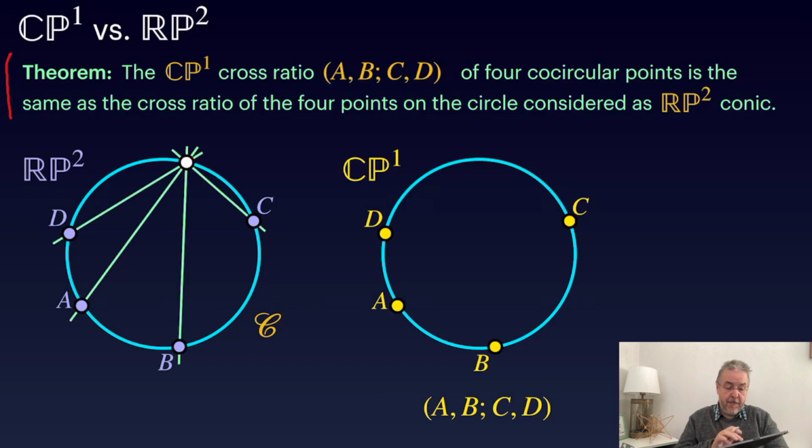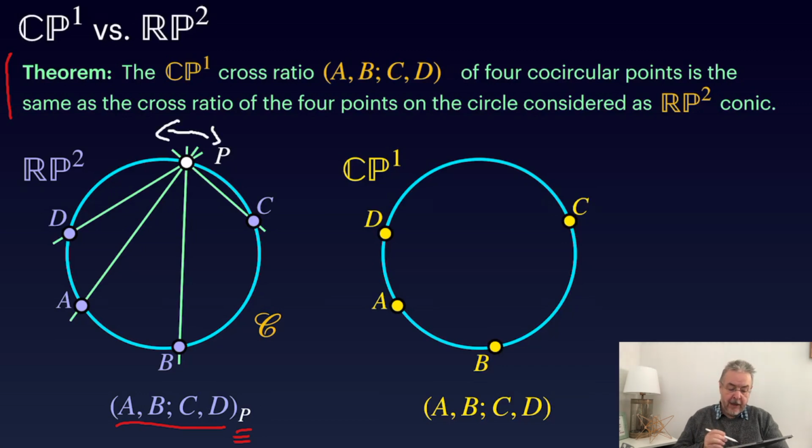We take some additional point P on the conic, and we can define the cross ratio of the 4 points on the conic as the cross ratio of those 4 points seen from the point P. And we learned in our lectures about the conic that this is indeed an invariant independent of the position of P, so we can really speak about the cross ratio of the 4 points on the conic.